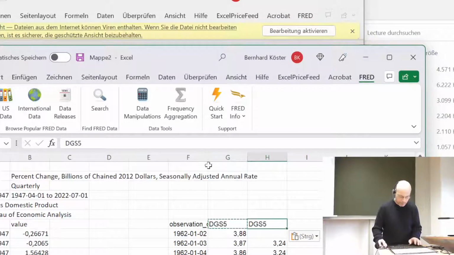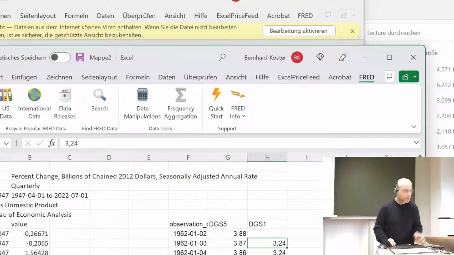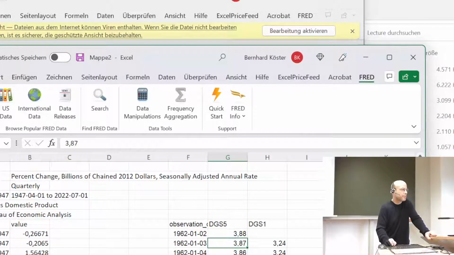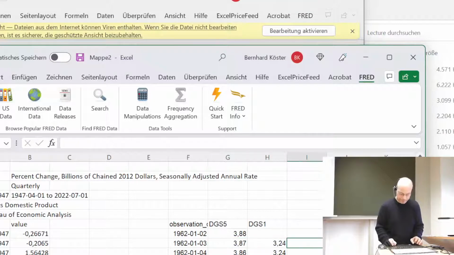This was DGS1. And in order to know when did we have an inversion, we just calculate long term minus short term. Okay? So this would be then 5 minus 1, so to speak. 5 minus 1 equals this minus this.